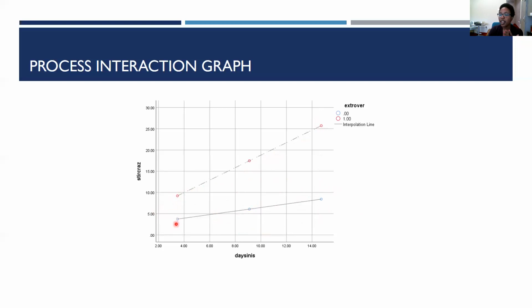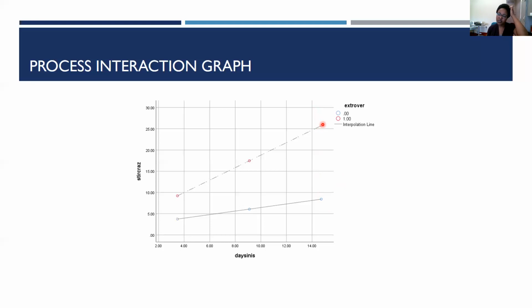I'm going to compare the points and say introverts are less stir crazy than extroverts early on in the isolation period. But later on, introverts are still less stir crazy than extroverts, but that gap has widened.